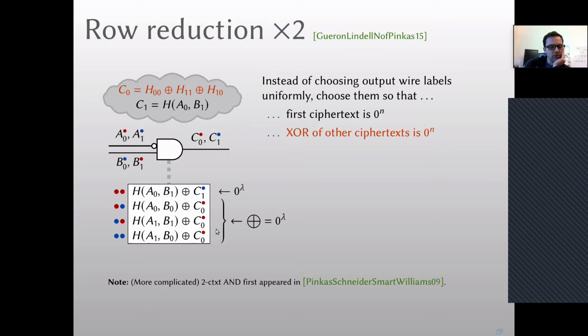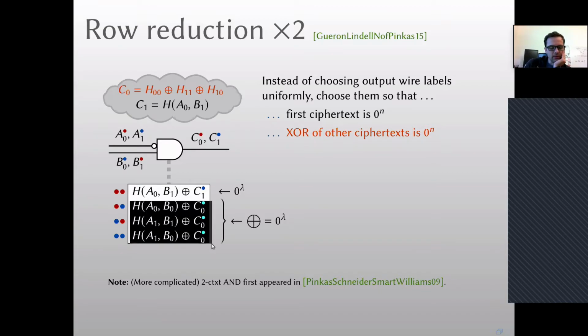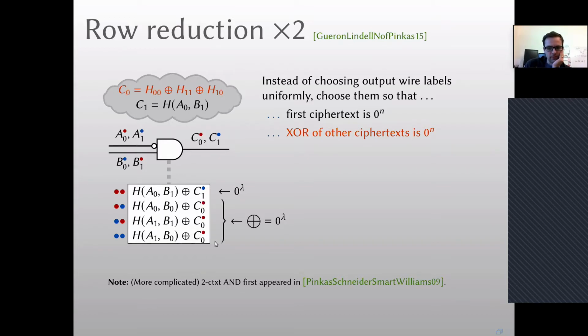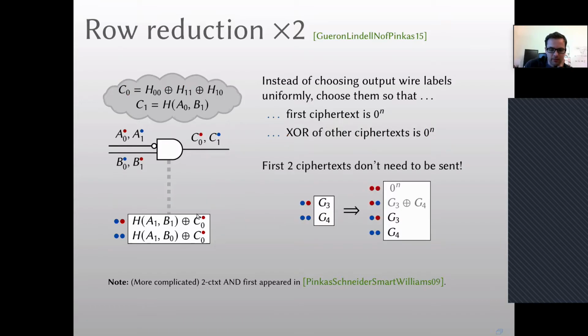That's interesting. So you can check in this case, if I choose C0 to be the XOR of these 3 hash values, and then I XOR all 3 of these ciphertexts together, everything goes to 0. Hopefully you can verify that in your head. So what this means is, if the garbler and the evaluator agree that the garbled circuit is generated this way, you don't have to send the first 2 ciphertexts, right?